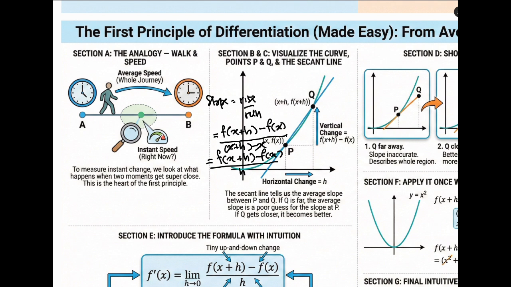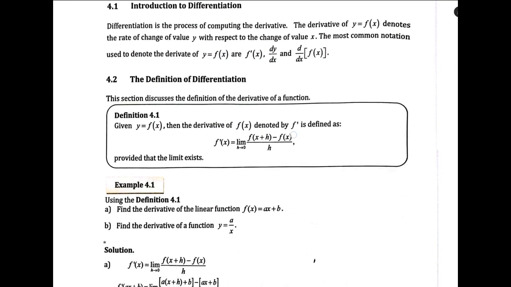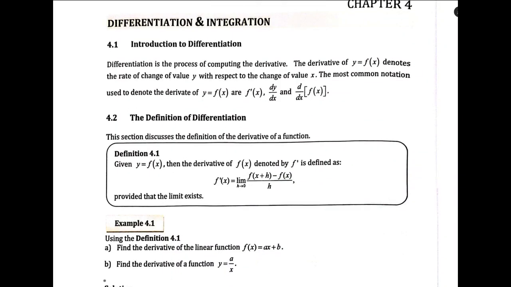Notice that this formula is similar to the formula of first principle shown in our textbooks on page 131, which is this one. But we still haven't come to the point of how we can get this limit h approaching 0.